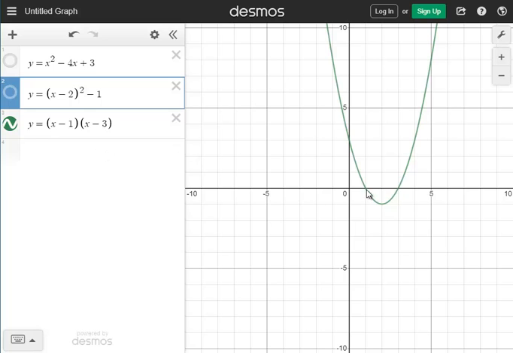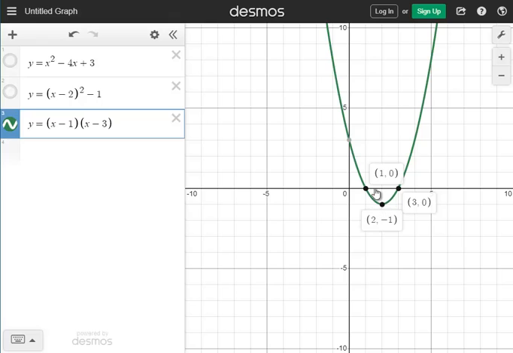I can look at these key points yet again. One of the things I notice right away is this thing we call the vertex doesn't show up in this at all. But I do notice that these 2 x-intercepts do, right? This 1 and this 3. And then you'll see a 1 and a 3 here. So I'm curious if that has something to do with it.